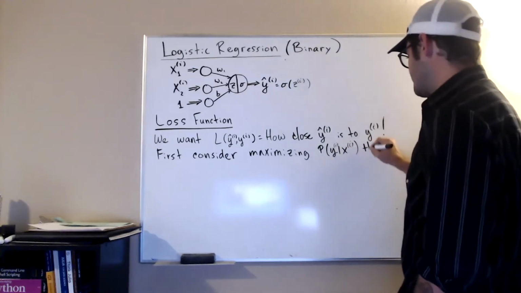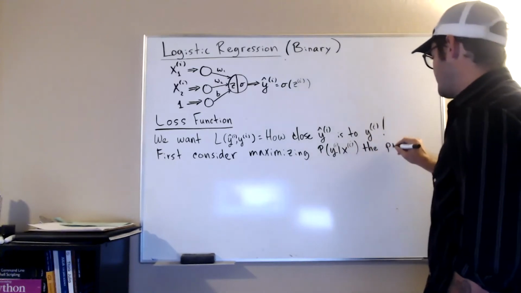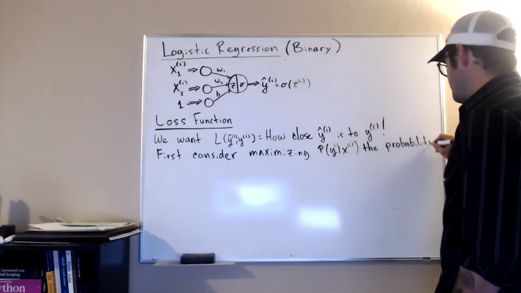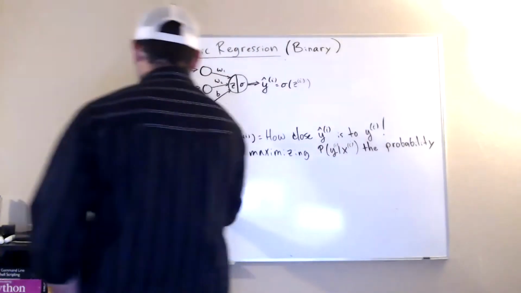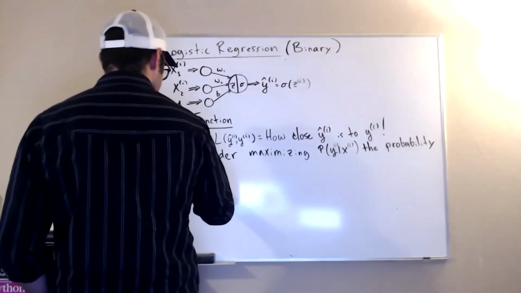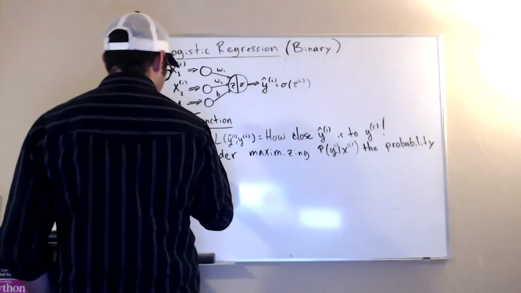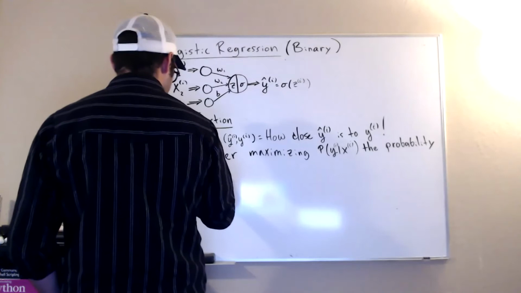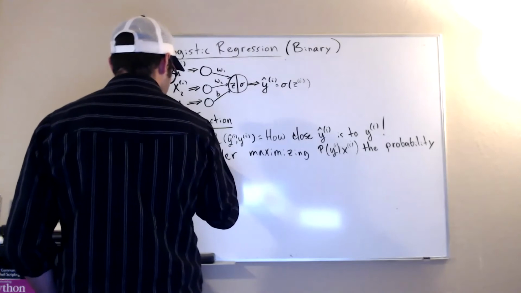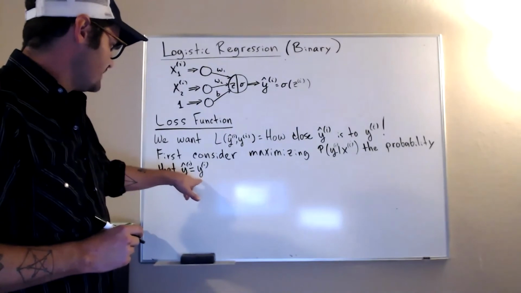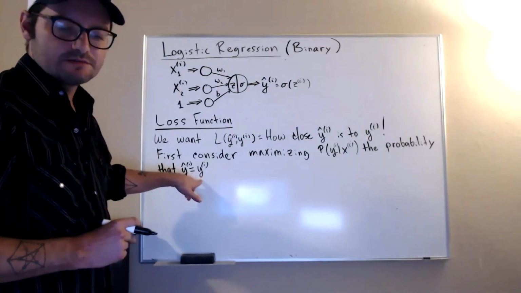So this is the probability that y hat is equal to yi. So the probability that these are close together, right?